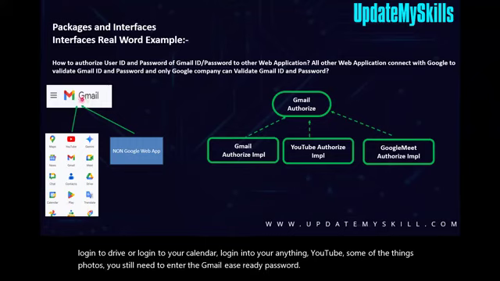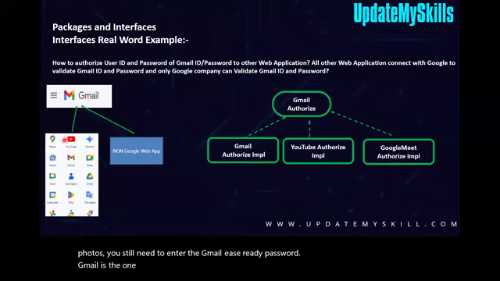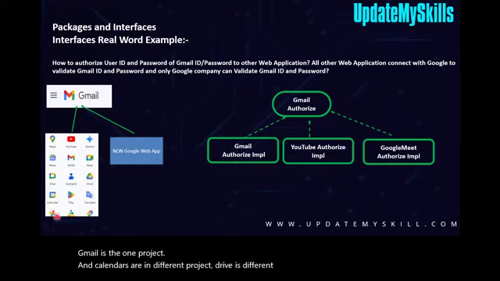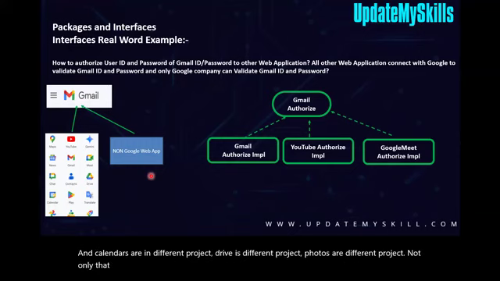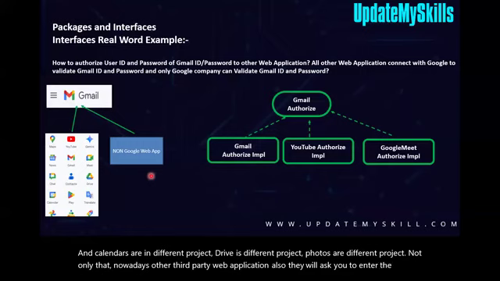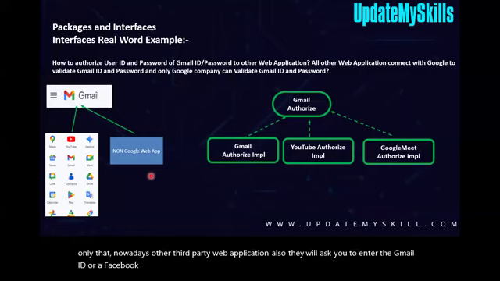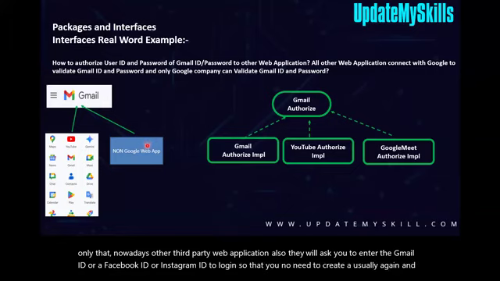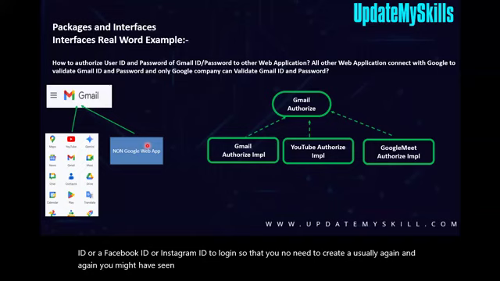Gmail is one project, calendar is a different project, Drive is a different project, and Photos are a different project. Not only that, nowadays other third-party web applications also ask you to enter your Gmail ID or Facebook ID or Instagram ID to log in, so that you don't need to create a user ID again and again. You might have seen that in other applications.